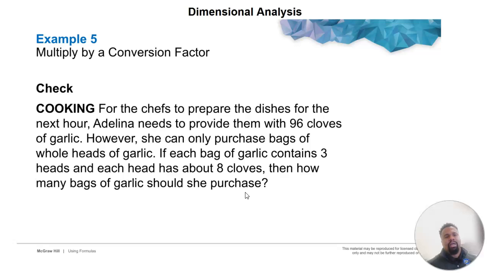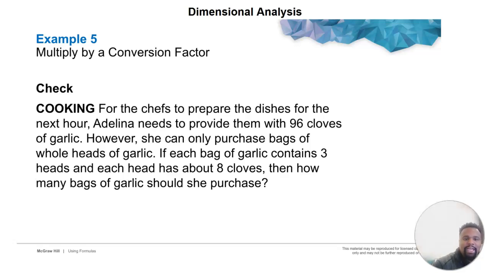All right. Let's take a look at this example to make sure we know what we're doing. For the chefs to prepare the dishes for the next hour, Adelina needs to provide them with 96 cloves of garlic. However, she only purchased bags of whole heads of garlic. So this is what's important here.